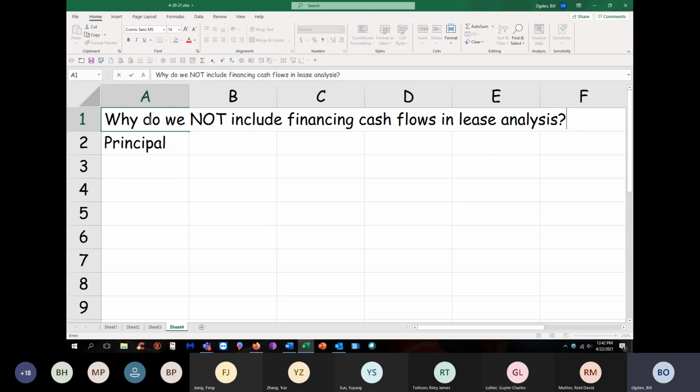Okay, and when I first started teaching leasing many, many years ago, we did include the financing cash flows. And we actually had an alternative way of evaluating leasing arrangements, and we actually did it with the IRR, if you can imagine that. And here we show if we have a positive NPV, then we would accept the lease.